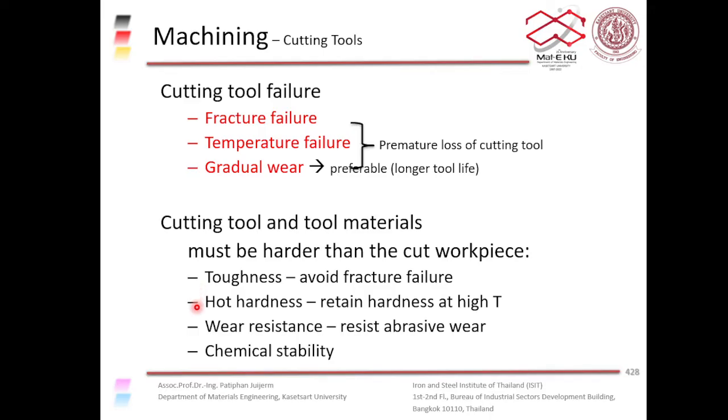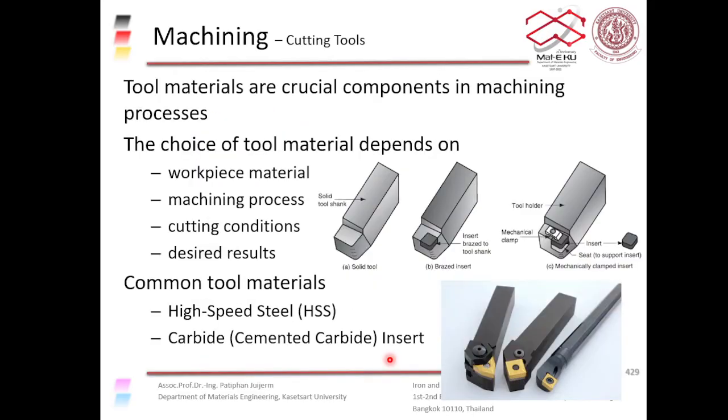It should have hot hardness, to retain hardness at high temperature to avoid temperature failure. It should have good wear resistance to resist abrasive wear, so you can have a longer cutting tool life. And it should be chemically stable, so it shouldn't react with coolants or lubricants, etc.